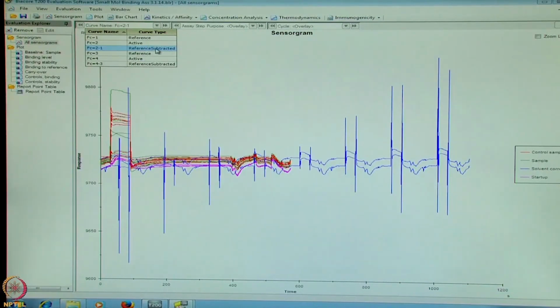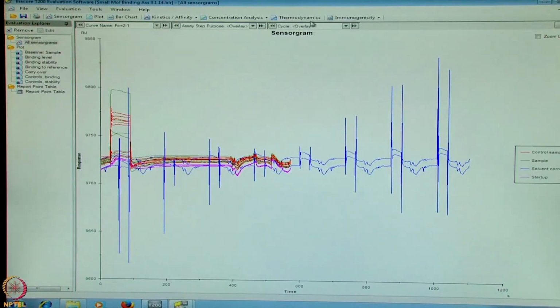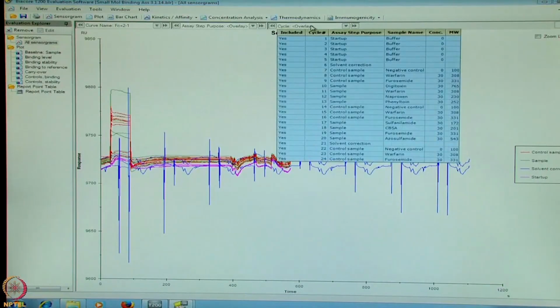Again we have a reference subtracted surface 2-1, and we have the reference surface 3, again an active surface for the carbonic anhydrase, and the reference subtracted 4-3 surfaces. When we go to the overlay, we see startup cycles, solvent correction, negative and positive control samples and various samples that were injected on the surface of the two active ligands.